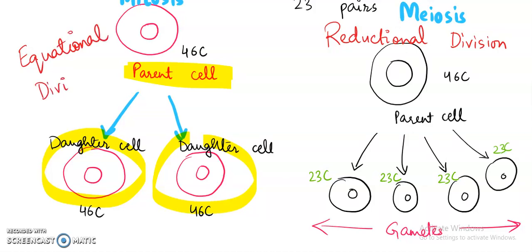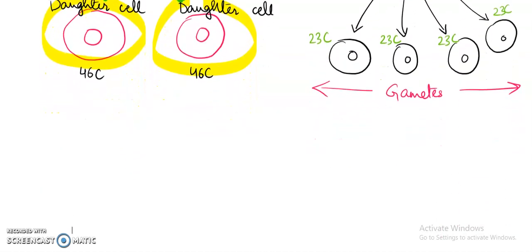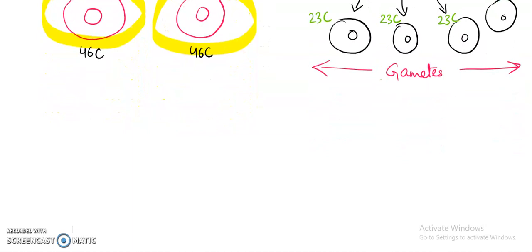That is why it is known as the equational division. Mitosis maintains the same chromosome number. Meiosis makes the chromosome number half. I hope the basic differences between mitosis and meiosis, where they occur, what happens in them, and what the chromosome number is in the newly formed cells, are clear to you.